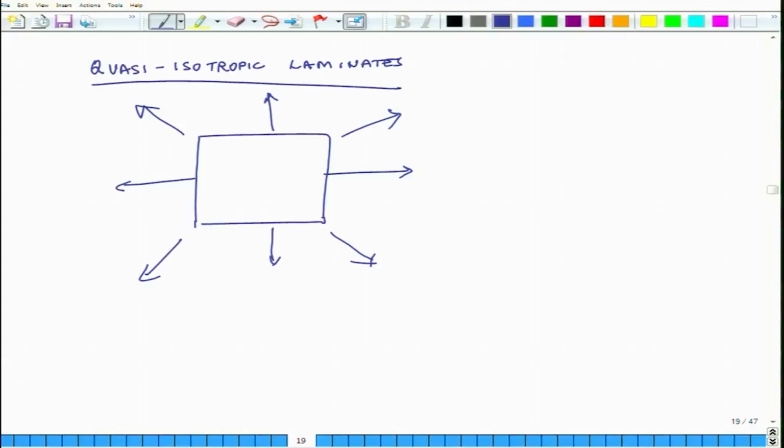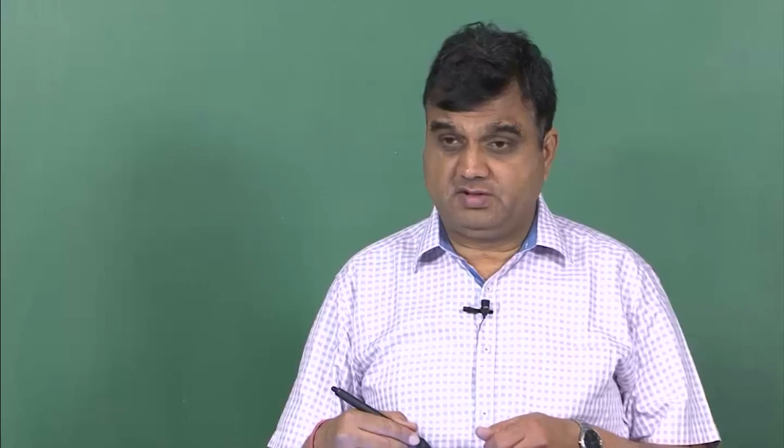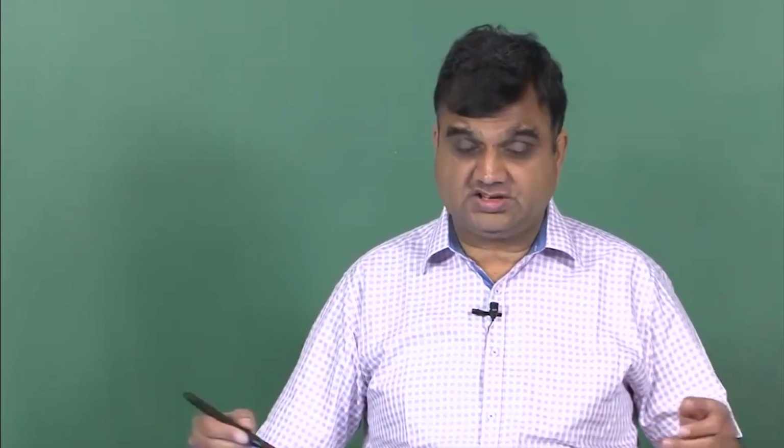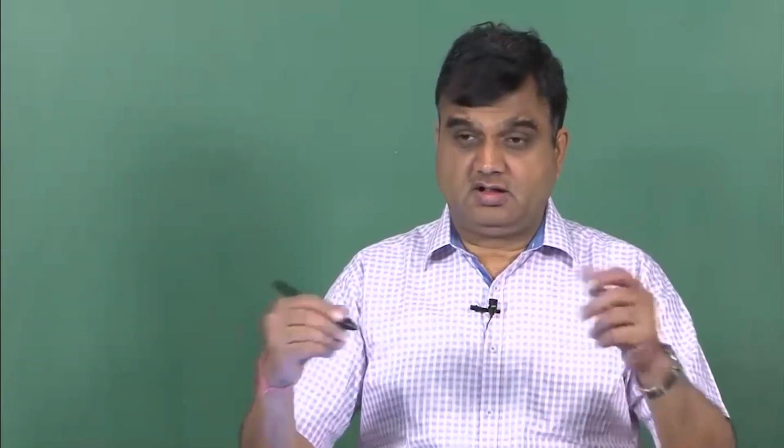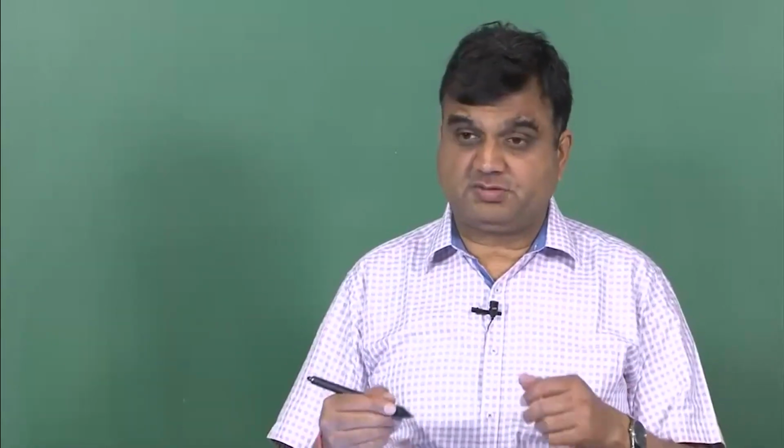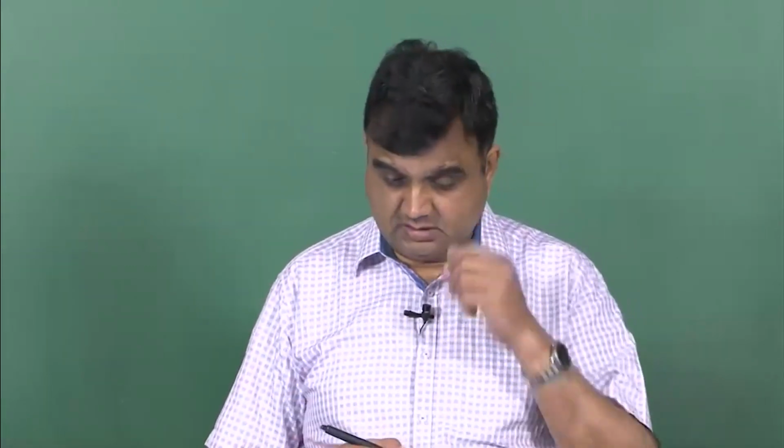That is what we want to achieve, because if that is the case, then this laminate will have equal stiffness in all directions, and most likely equal strength in all directions. So, it will be reliable in terms of its performance regardless whatever direction of load it is facing.